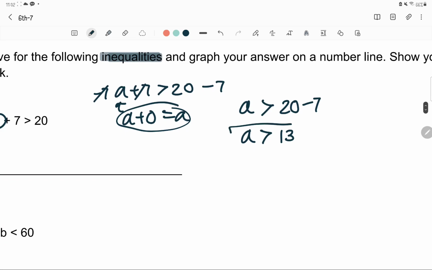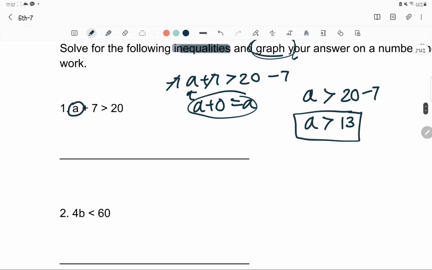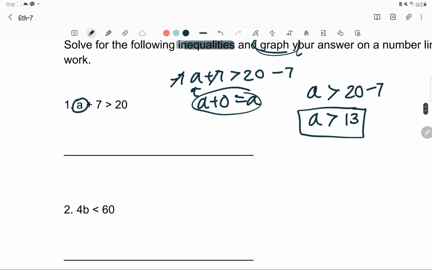So now we can graph the inequality. We just put 13, and a is greater than 13. The left side is always negative and the right side is always positive.